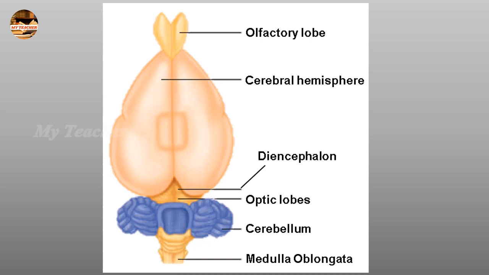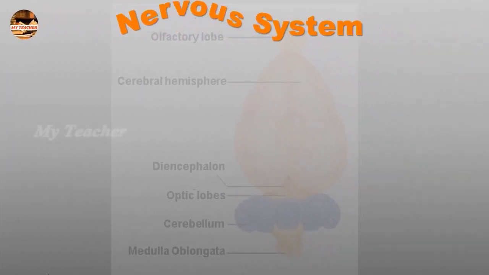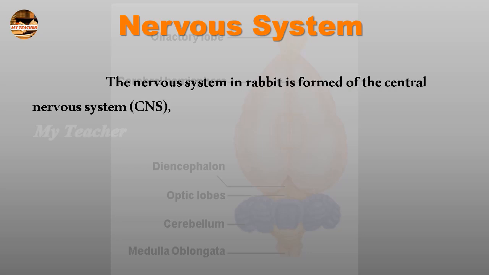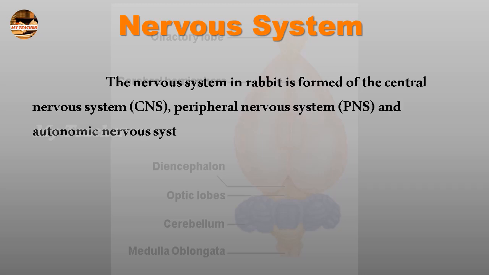See the parts of the brain of rabbit: olfactory lobe, cerebral hemisphere, diencephalon, optic lobes, cerebellum and medulla oblongata. Nervous system. The nervous system in rabbit is formed of central nervous system, peripheral nervous system and autonomic nervous system.